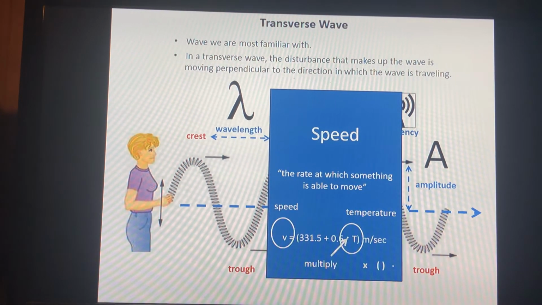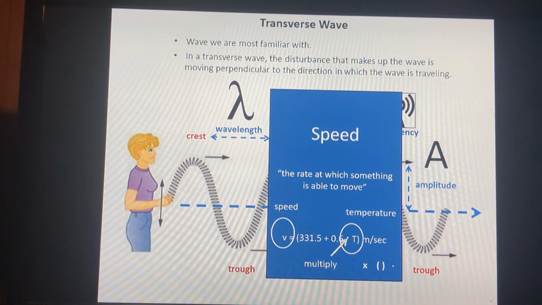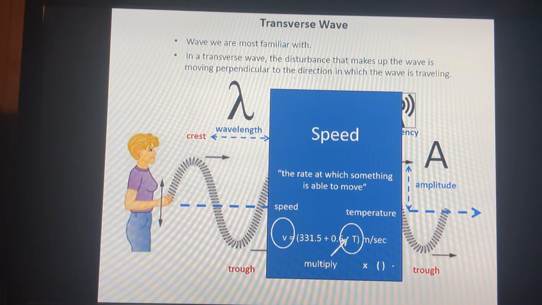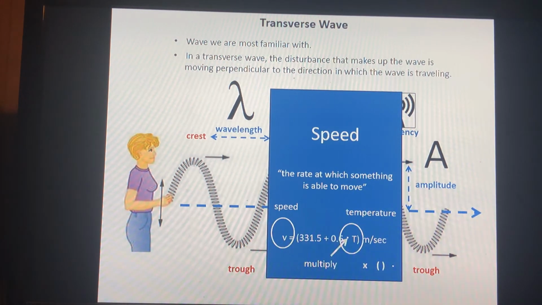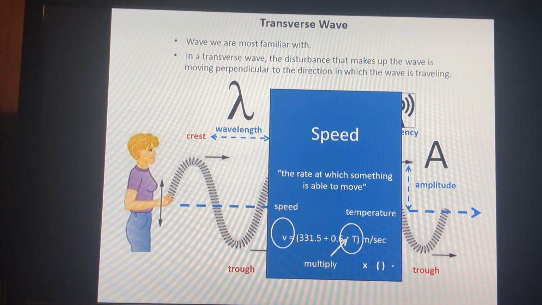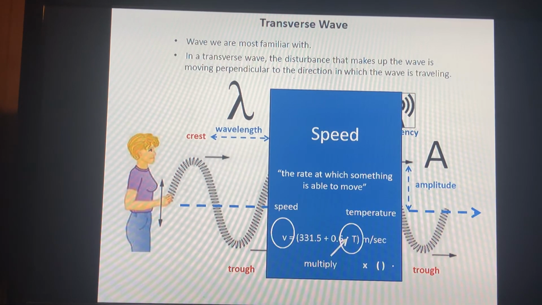Well, in this particular equation, it would also be difficult to use parentheses to show the multiplication between the 0.6 and the temperature in centigrade. Centigrade is an alternate name for Celsius, by the way, and I'll probably go back and forth using both, centigrade, Celsius. So in this case, they've used a little dot there, and that's a little scientific way to say multiply these two numbers.